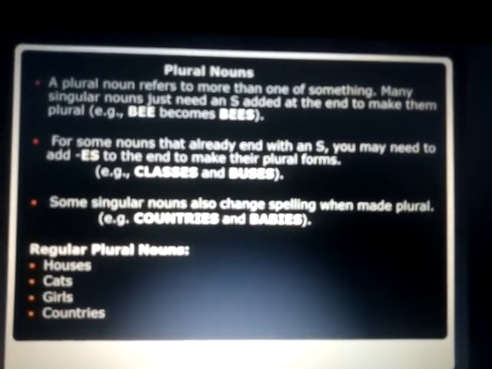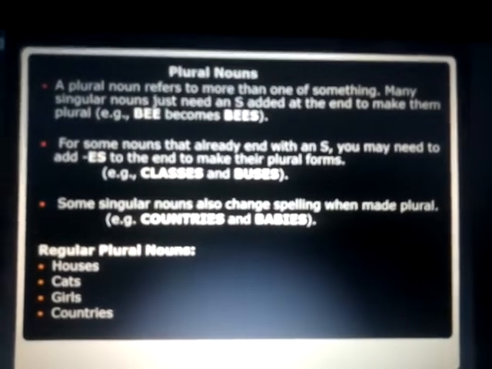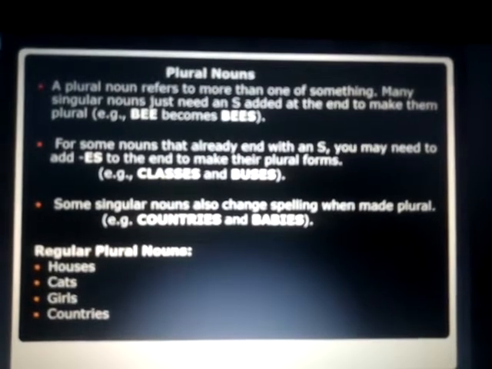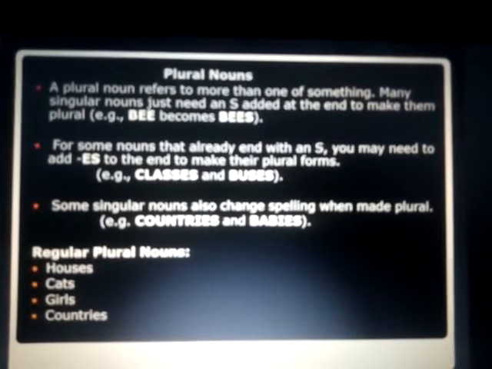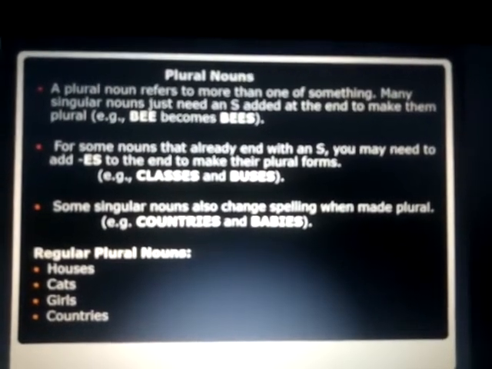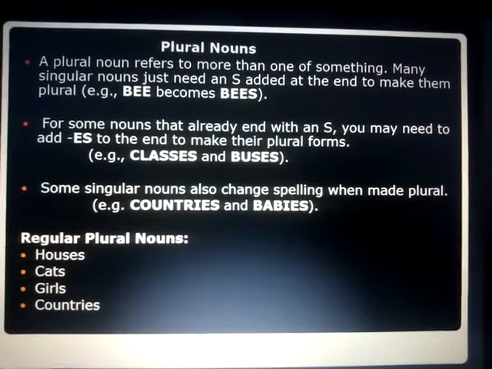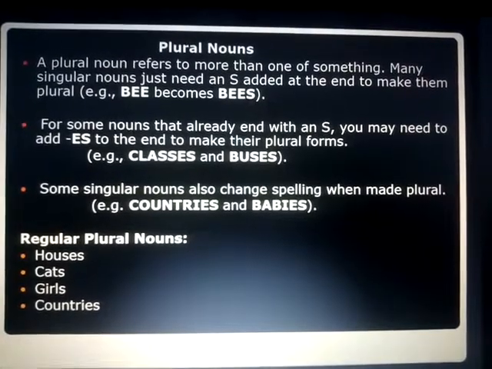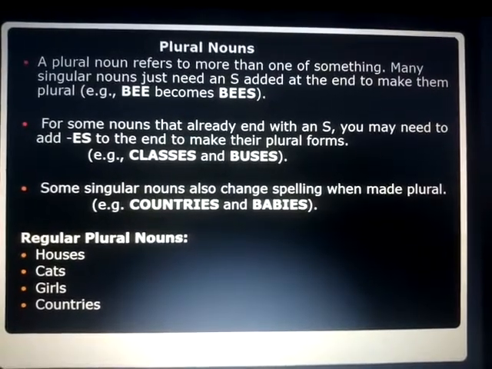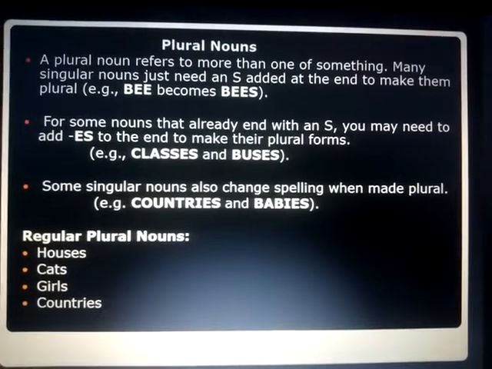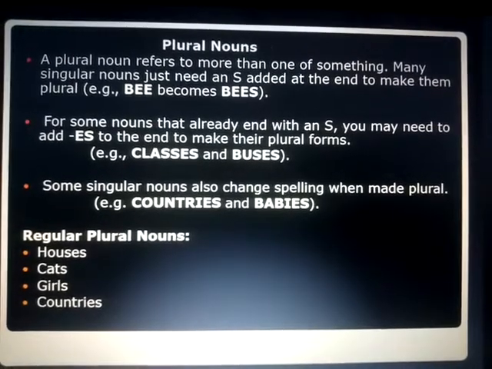Example: classes, bosses. So we can see that we add es to make them plural nouns. Then we look at some singular nouns that also change spelling when made plural.